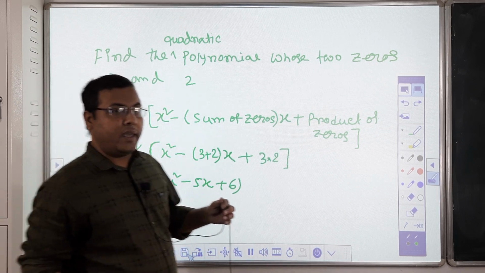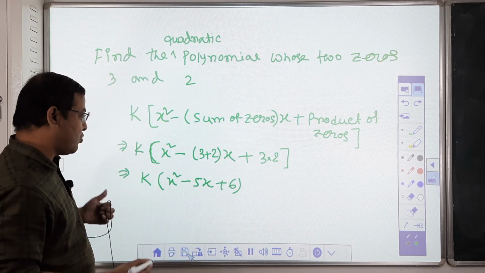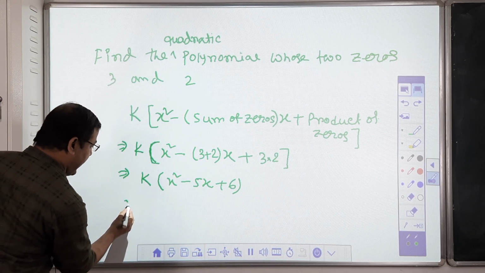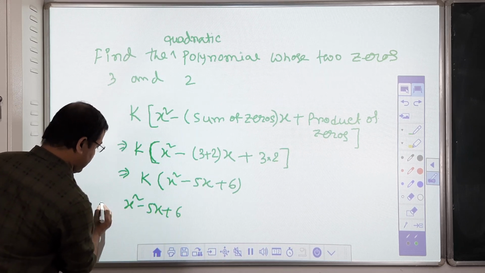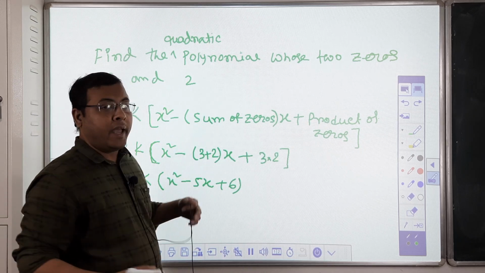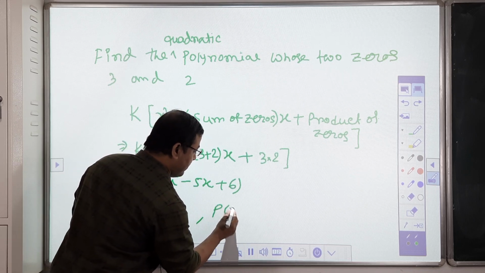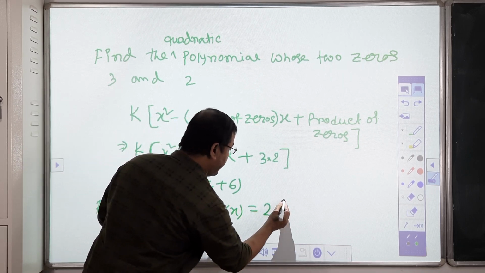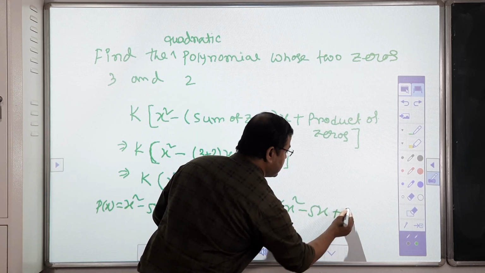If anyone takes k equal to 1, then the quadratic polynomial is x square minus 5x plus 6. If someone takes k equal to 2, then the polynomial p(x) is twice of x square minus 5x plus 6.